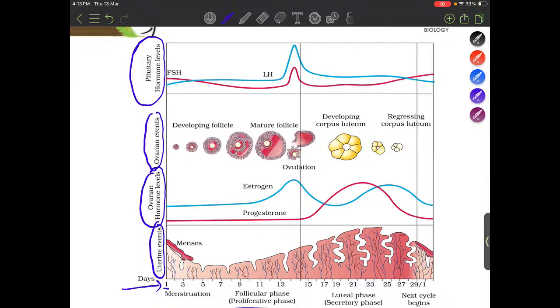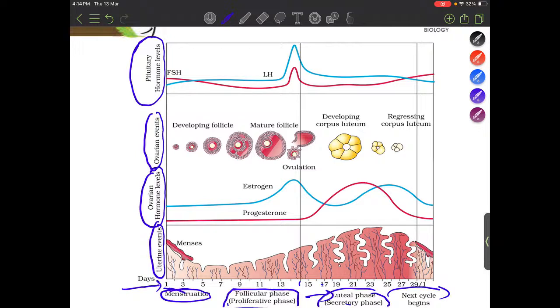So from day 1 to day 4 or 5 menstruation occurs, and after that the follicular phase starts. It's from 5 to approximately 14 or 15 days, and after that the luteal phase or secretory phase starts, and after this the next cycle begins.